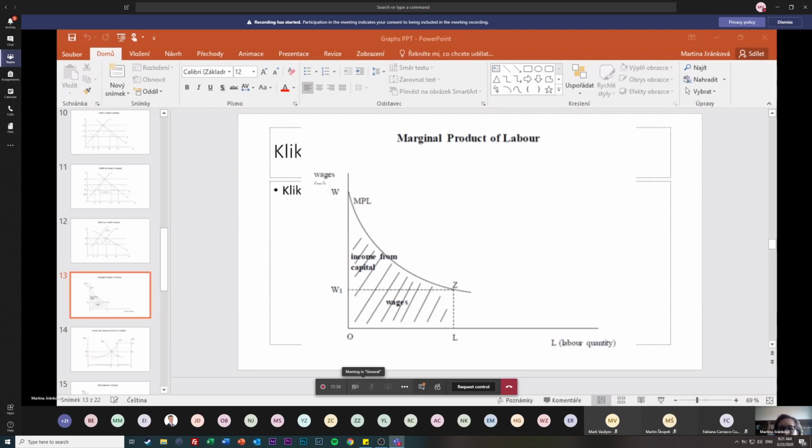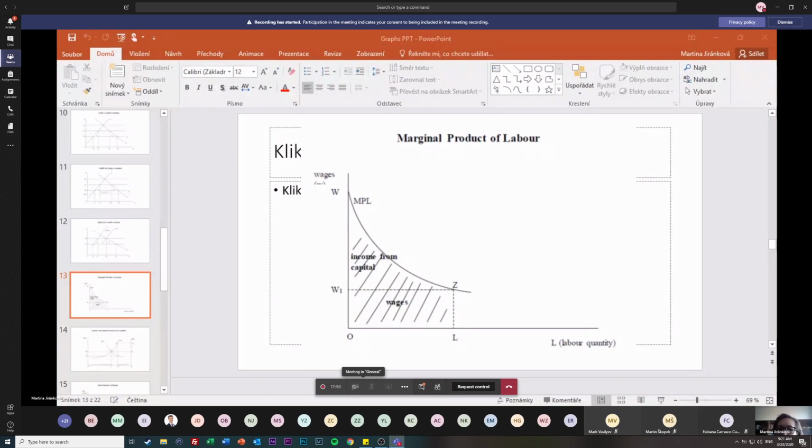You can see on the graph the first thing. I am just repeating what we have done last time, but it's better after one week. In this graph there is still no migration. This is just the situation of one economy.